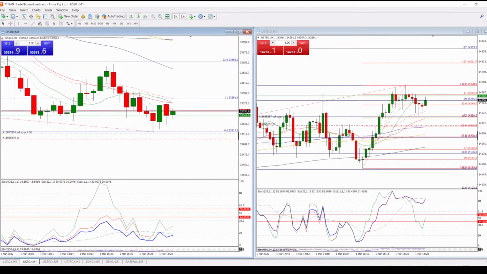US tech, we can, no, I'm not going to do it in US tech. We already have two 5-minute candles that push above that 61.8 and just pull back below that. So I'll rather wait till we're outside those levels. Watching US tech for that sell stop.